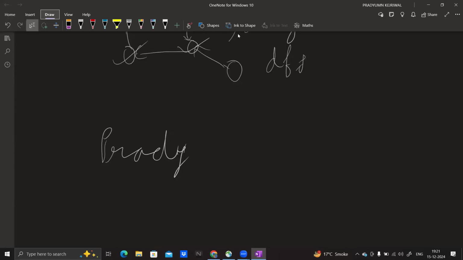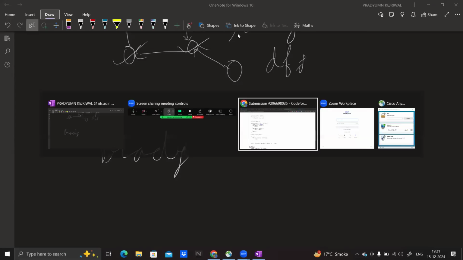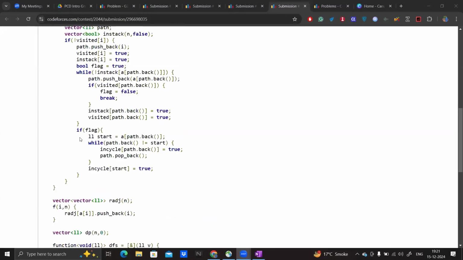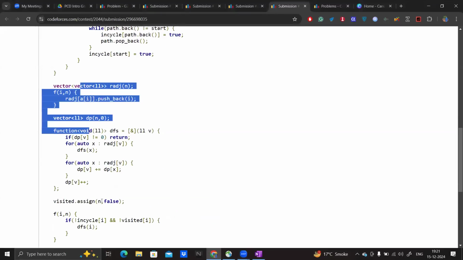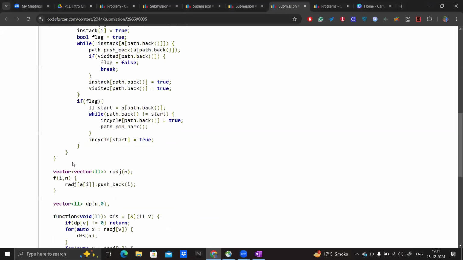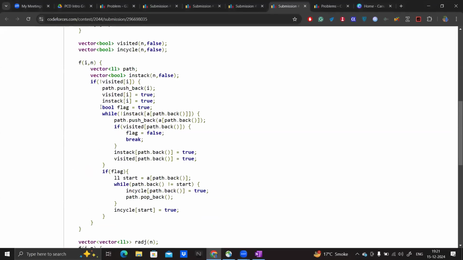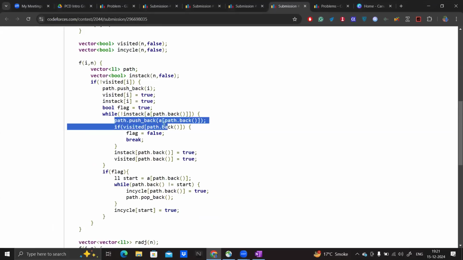Could this be done using DFS? Technically, I have done DFS only. In this for loop, yeah, this is DFS. First of all, this is DFS, the DP, and in this for loop, this is technically a stack, and I'm pushing the child of the current node.